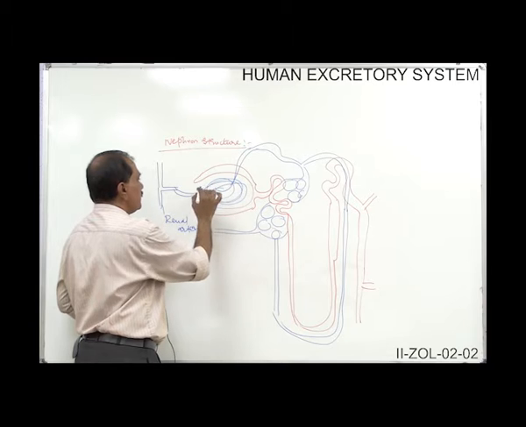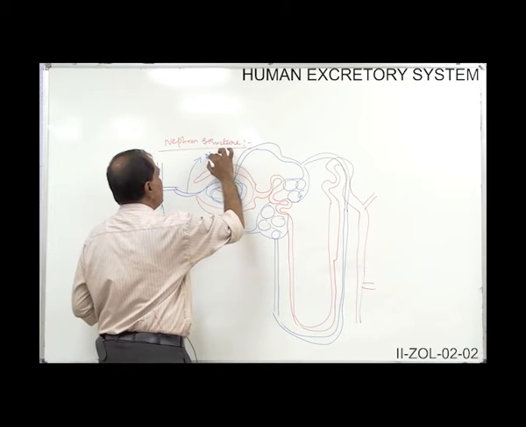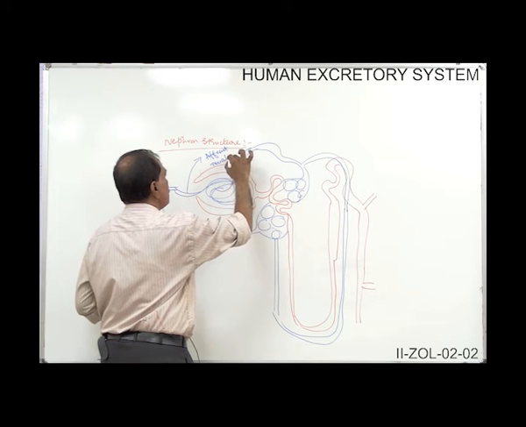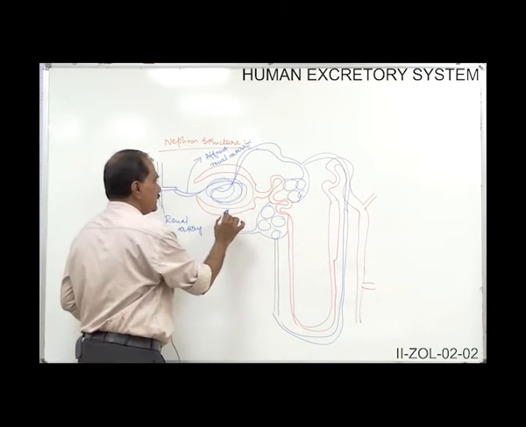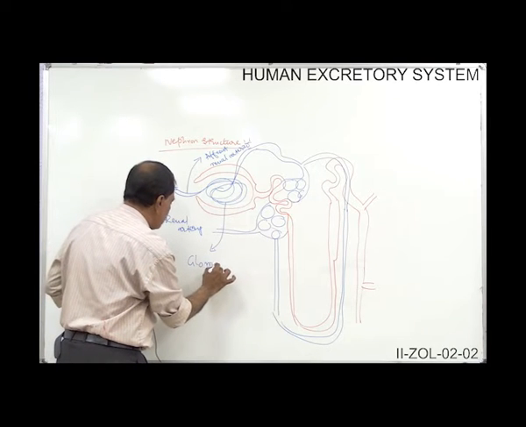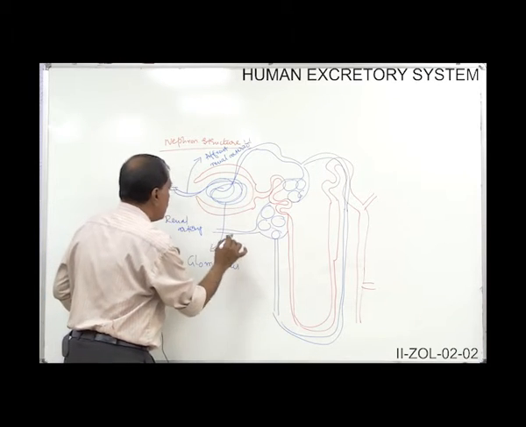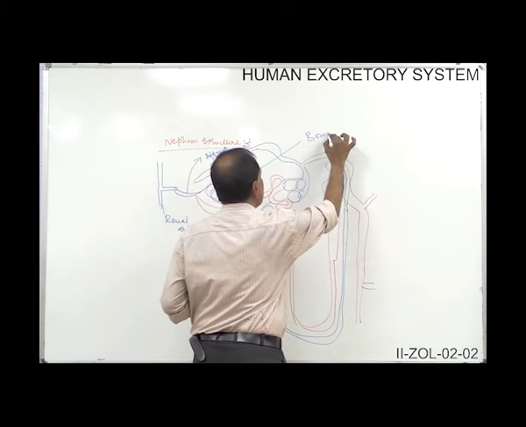The one which is coming out from the renal artery is called the afferent renal arteriole, and inside is what we call the glomerulus, and a cup-shaped structure called the Bowman capsule.